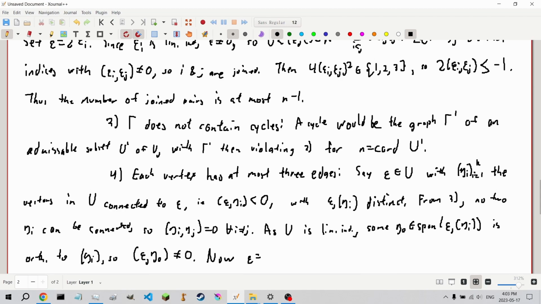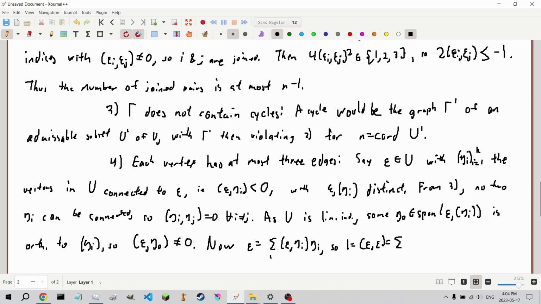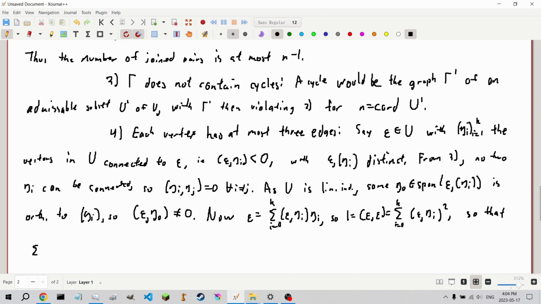Now, as we have that epsilon is the sum of the form of epsilon on each eta_i, scaled by each eta_i, giving us that 1, the form of epsilon with itself, is the sum from 0 to k of epsilon with each eta_i squared, so that the sum from 1 to k of epsilon with each eta_i squared is less than 1.